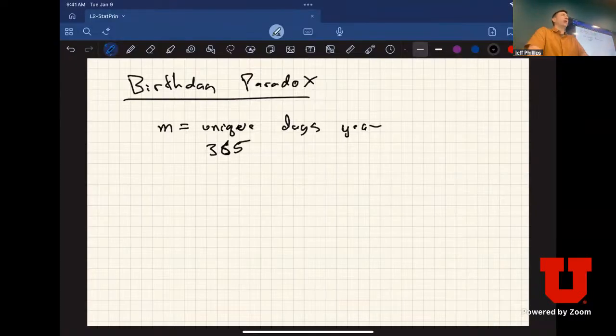If someone asks you what your birthday is, there are probably 365 options of what you would say. And if we picked random people, what we want to ask is the probability that you have two people with the same birthday. That means you're picking random things, and you have a collision. You might expect you see everything eventually, but you're going to see collisions sooner than you would expect.